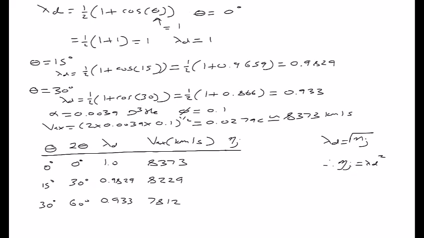So if we calculate that, we end up with jet efficiencies of 100. I'm going to calculate it as a percentage, which is a useful way to express it. For a 15 degrees half angle, it comes out as 96.6, and for the 30 degrees half angle, it comes out as 87.05. So we can see that a much larger divergence of the beam gives rise to a poorer jet efficiency.